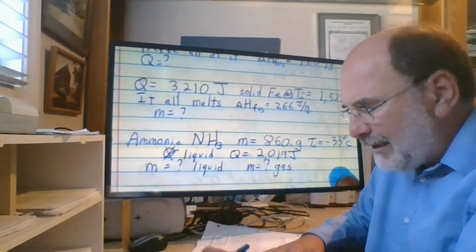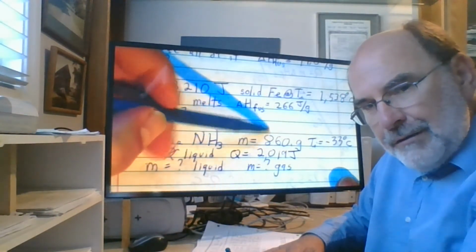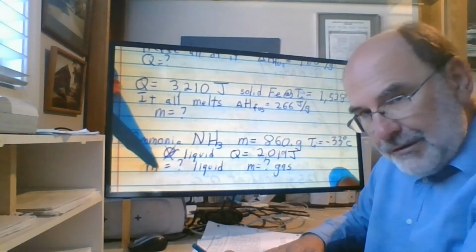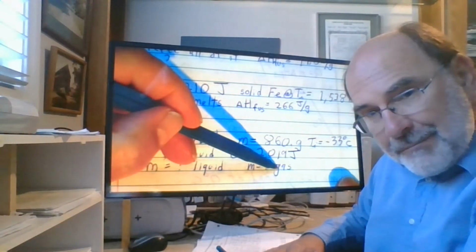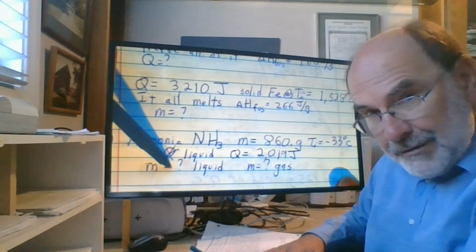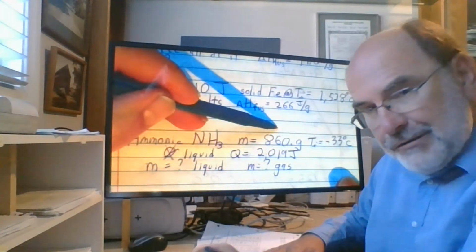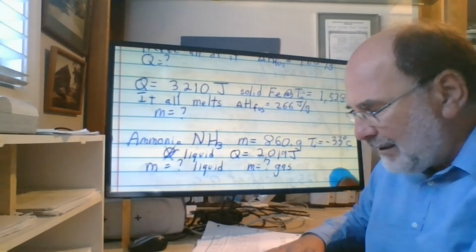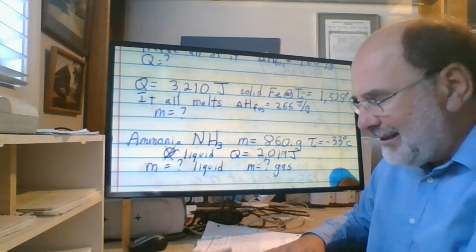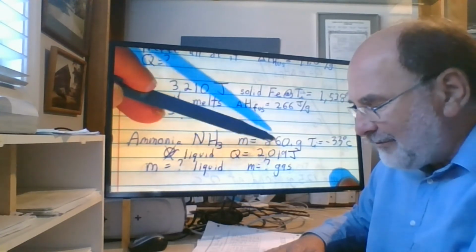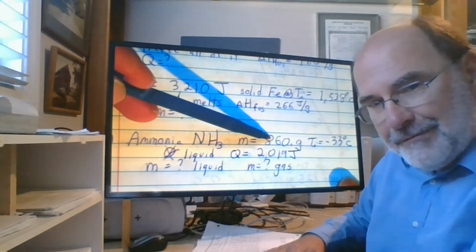So you're starting with 860 grams. You're presumably going to vaporize some of it. So some of it becomes a gas, and what's left behind is a liquid, and these two added together should add up to 860 grams. I'm assuming, of course, that I'm giving you less energy than it takes to vaporize all of this stuff.